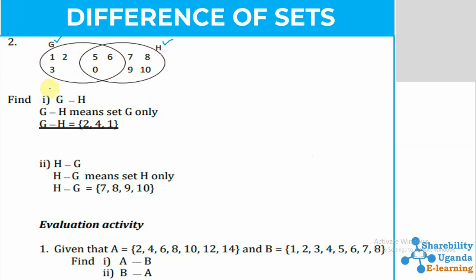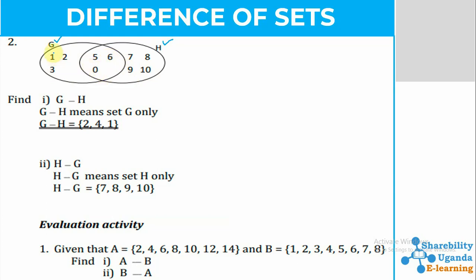Now they have put the members inside, but they want us to answer the question that they will be asking. This is how they always ask such a question. They want you to read the information within the Venn diagram and extract those members, or they want you to draw the Venn diagram when they have given you these members.